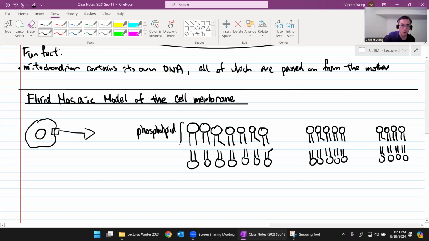This whole thing is basically two layers of phospholipid, so we call it a phospholipid bilayer. And just on the side here, I want to remind you, this is a hydrophilic head, and these are hydrophobic tails.